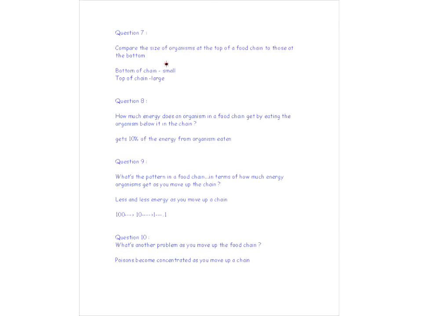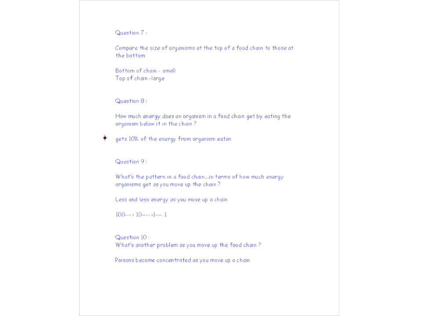Okay, so comparing the size of the organisms in a food chain, at the bottom of the food chain we see small organisms, such as bunny rabbits, and at the top of the chain we see large organisms. Question 8, how much energy does an organism in a food chain get by eating the organism below it in the chain?